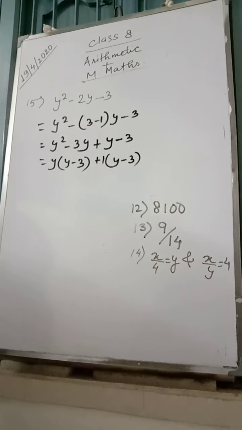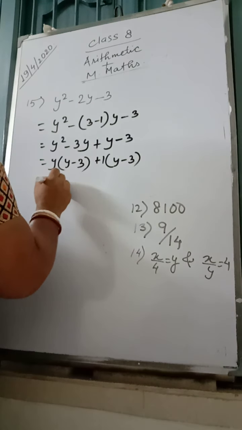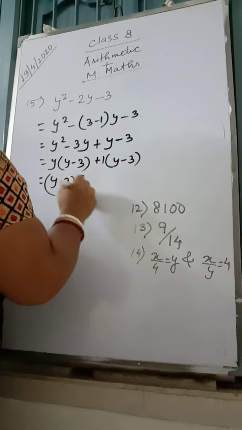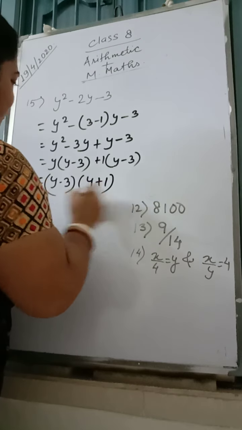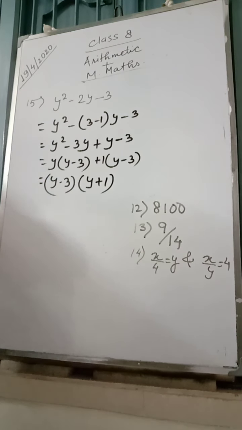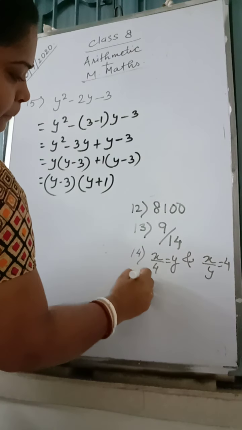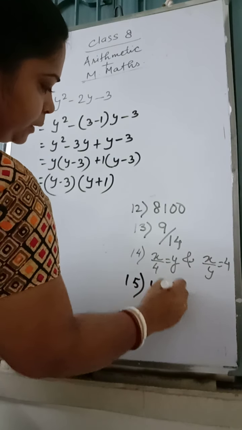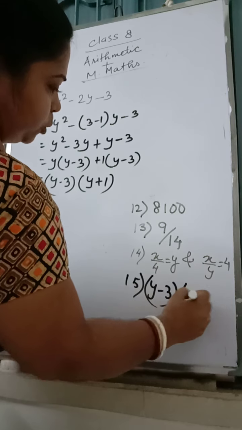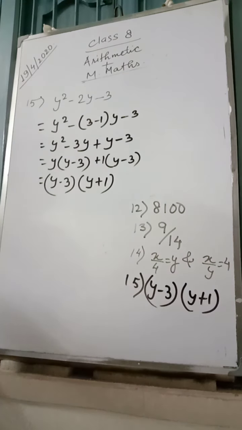Now this is common, so it gives you y minus 3 and y plus 1. So the question number 15's answer is y minus 3 into y plus 1.